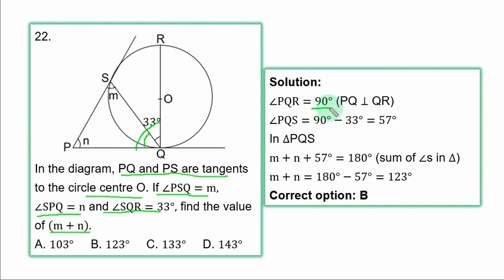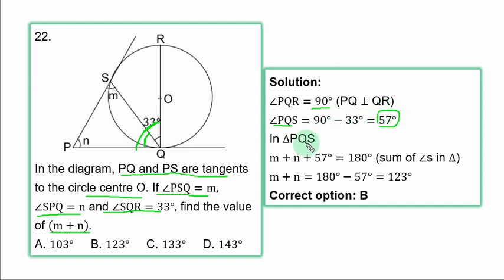That is because PQ is perpendicular to QR, and in that place we get PQS, that is this smaller part, by subtracting 33 from the whole 90, and that is 57 degrees.